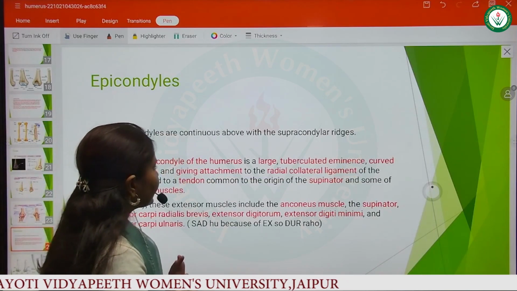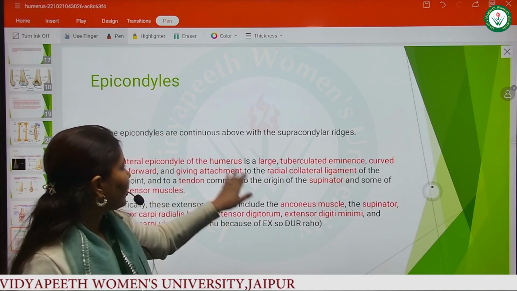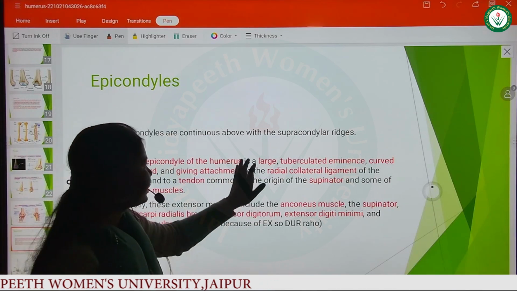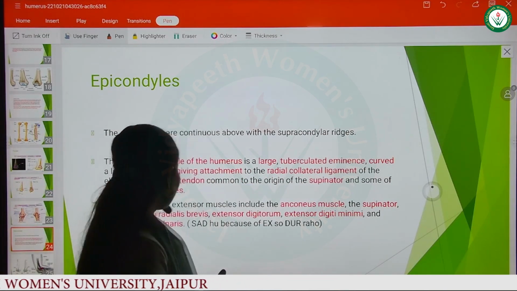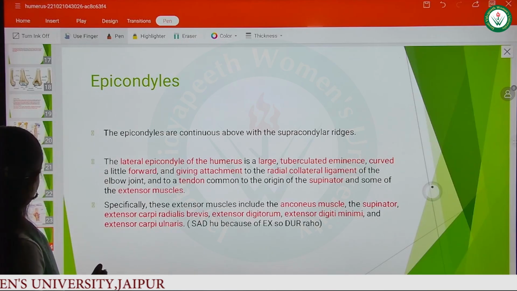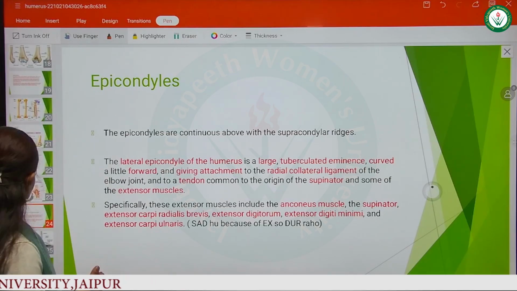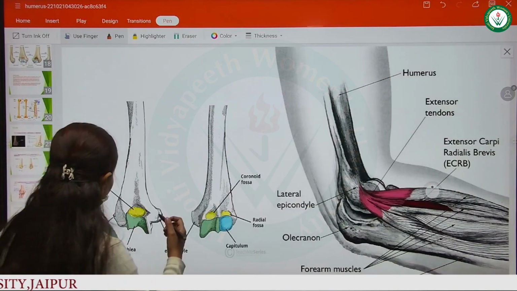After that we will discuss the epicondyles. The epicondyles are continuous above with the supracondylar ridges.